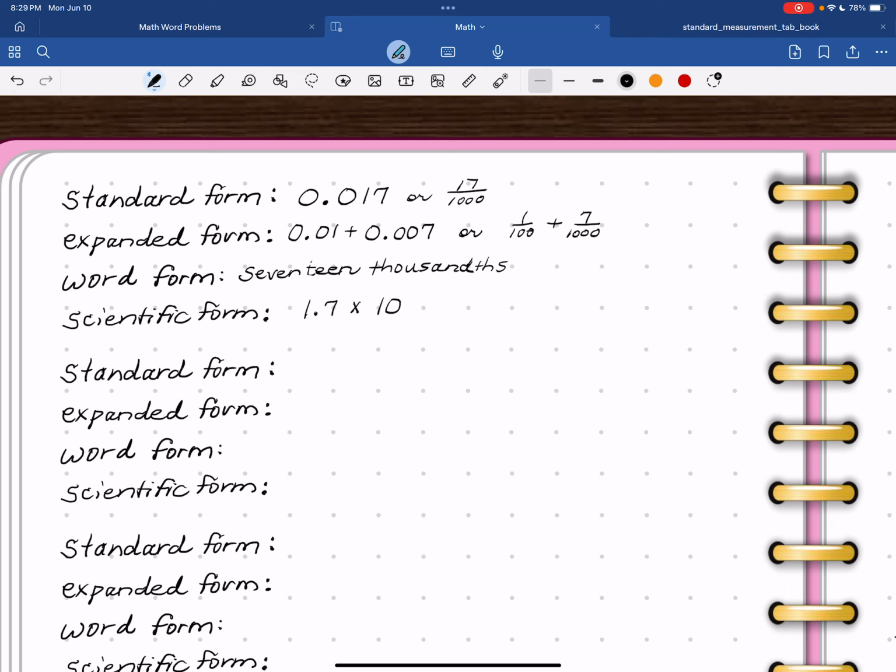It's always times 10 because we're based on a number system. And you are going to count the things except that last digit. So this is 3 places to the left. So this would be 1.7 times 10 to the negative 3.